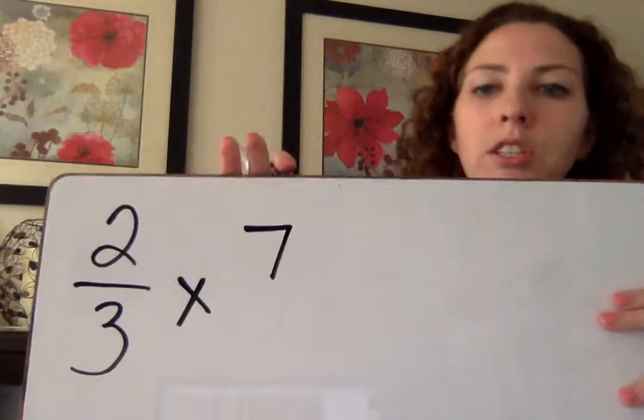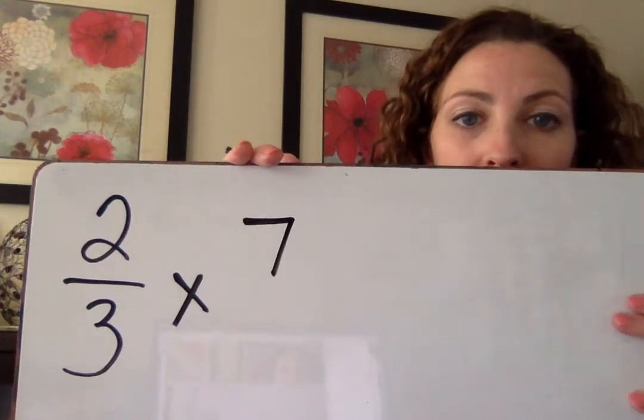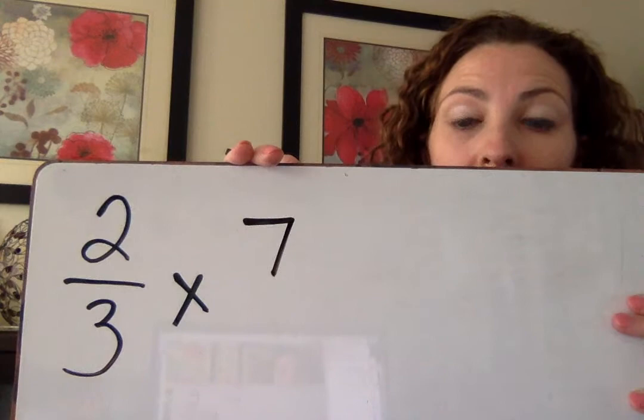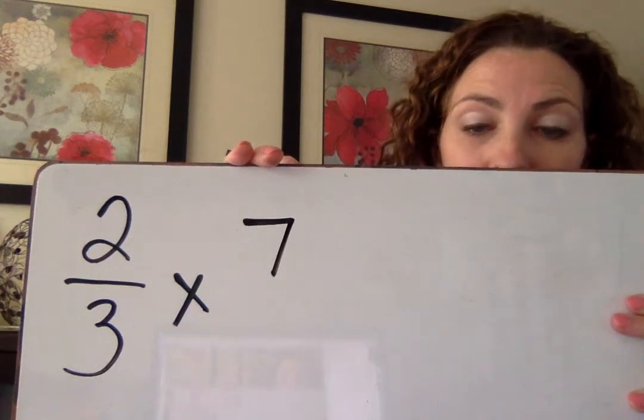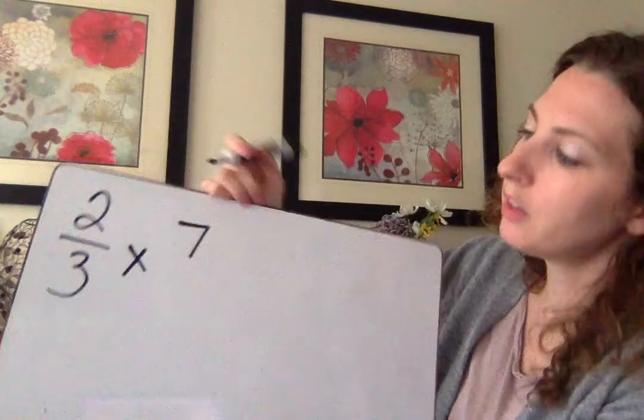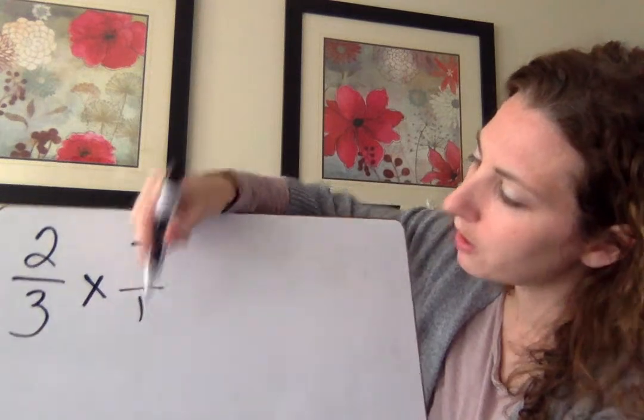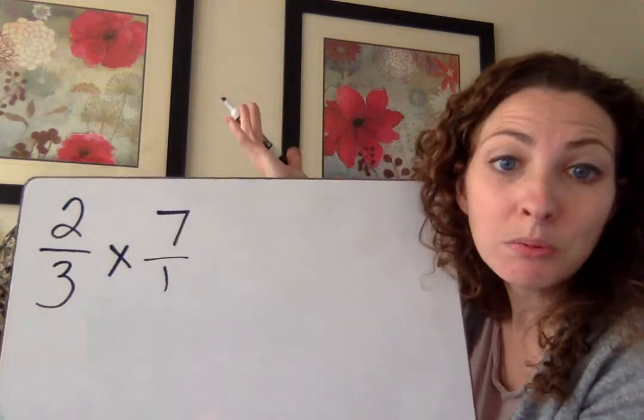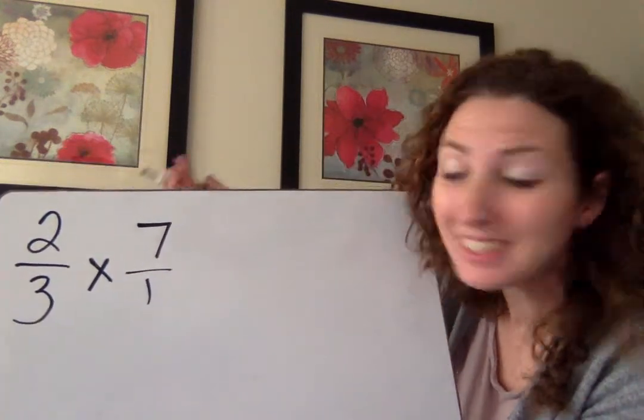So I'm going to look at this next problem, which is going to be 2/3 times 7, okay? So it looks like that, 2/3 times 7, but I know that in order to multiply this, I need to make that 7 into a fraction, and I'm going to do that by putting a 1 under it. Now I can just multiply straight across. Isn't that so easy?